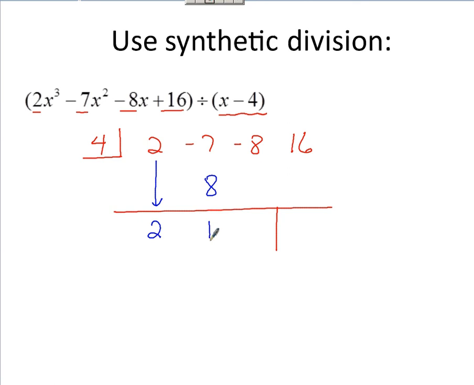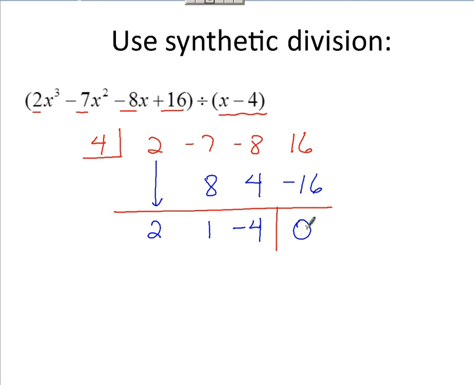Take 1 now, multiply back to the number in the box, get 4. That number goes in the next column. Add through this column, -8 and 4. Get -4. One more time, take this number we just got, multiply back to the number in the box, -4 times 4, -16. That goes in the next column. Add through, get 0.